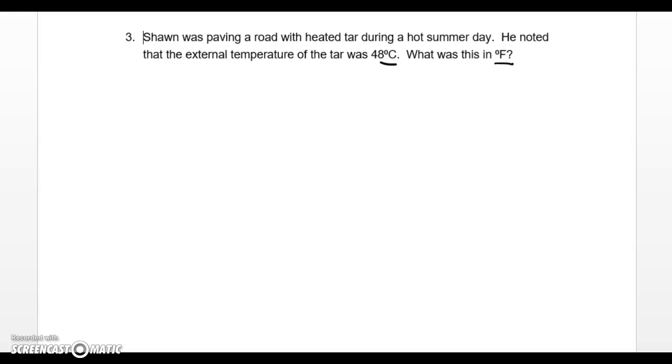Here we're looking for degrees Fahrenheit, so we're going to be using that first equation. Degrees Fahrenheit is equal to 9 over 5 times your degrees Celsius plus 32. Here we're given our degrees Celsius was equal to 48, so every time we see a C value in our formula, we're going to put in 48 instead.